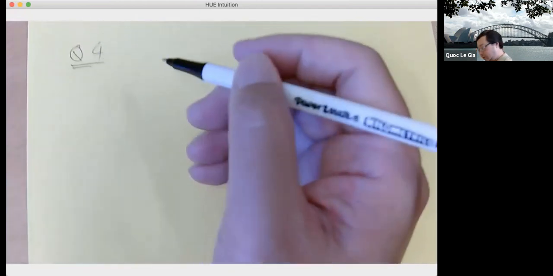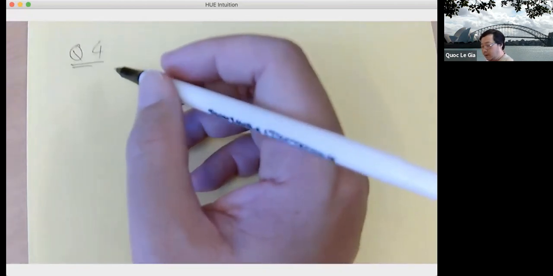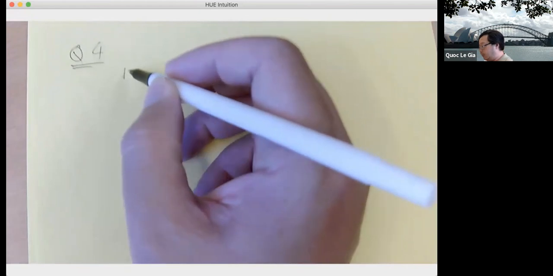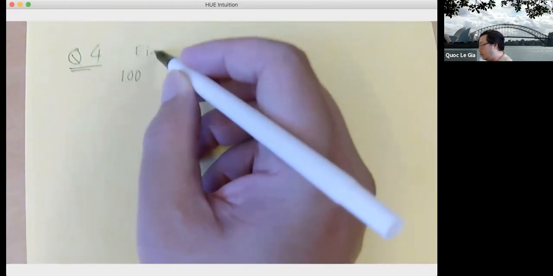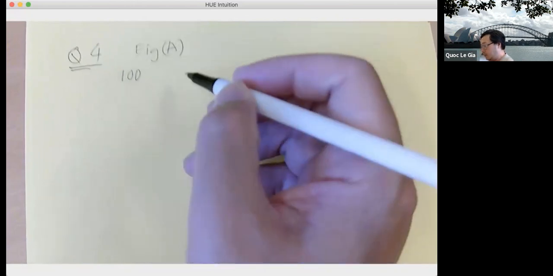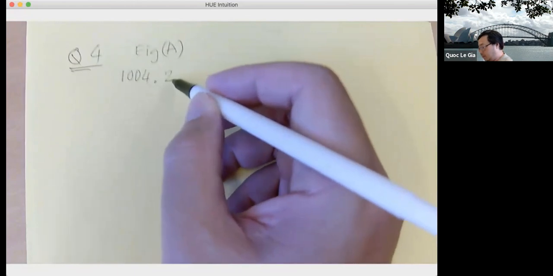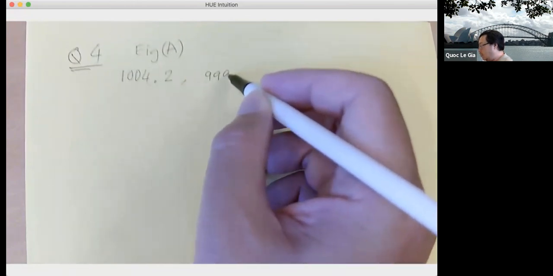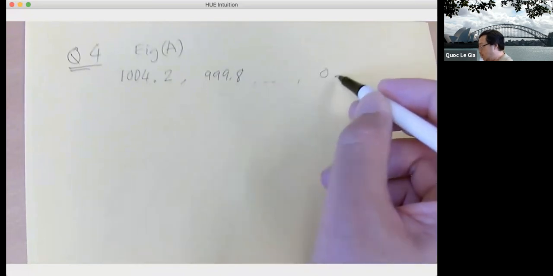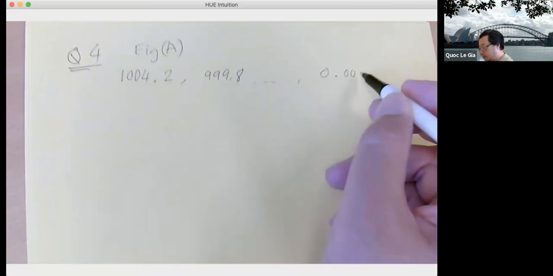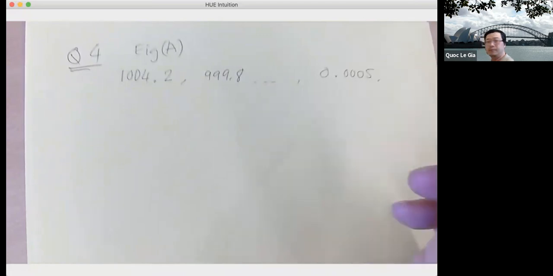Question 4 says that we have a symmetric matrix, and the eigenvalues are given like this. The eigenvalues of A are 1004.2, 999.8, and so on. We just worry about the largest and the smallest, so it's ordered like this.